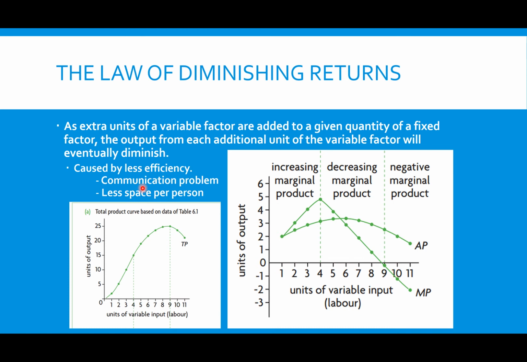It's just saying first, when factors of production are increased, the output will also increase. The ability for the business to produce products will increase, but eventually that will decrease. This can be caused by some problems, and some of the problems can be like communication problem, less space per person.